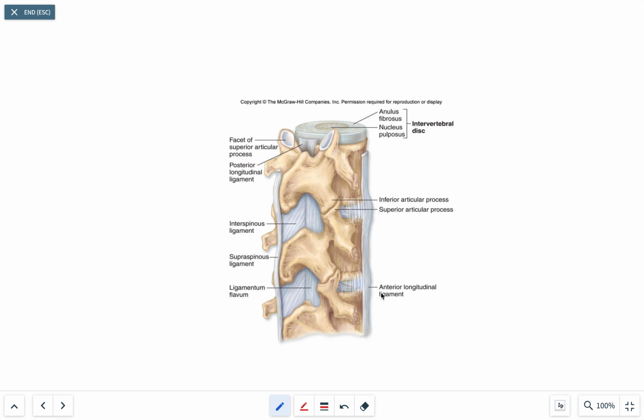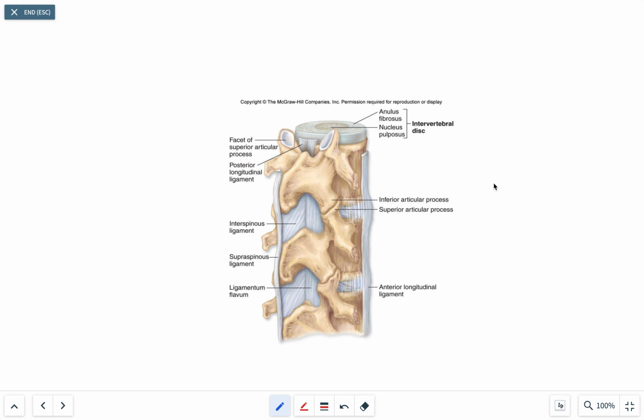And you can see that the vertebral discs and the bones of the vertebrae are all connected by a series of ligaments. So these ligaments are going to fire during excessive ranges of motion. If you end up going into an excessive range of motion, these ligaments will fire to protect the spinal cord.